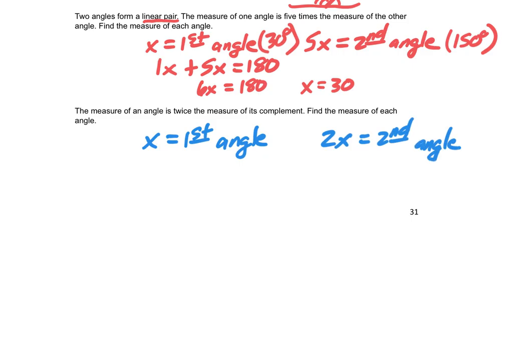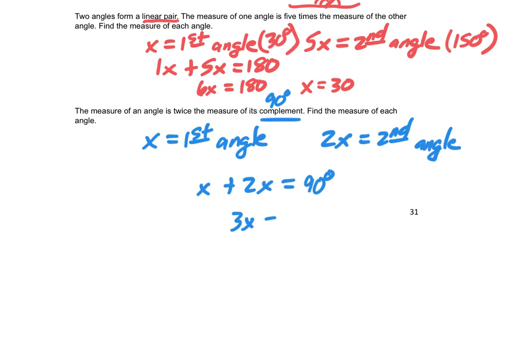2 times bigger. So now the key word that we're looking for is complement. The last one was linear pair. It could be complement, supplement, linear pair. There are some different variations today. So in this case, x plus 2x have to add up to 90 degrees because they are complementary.